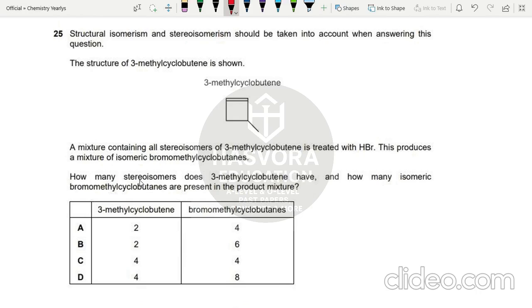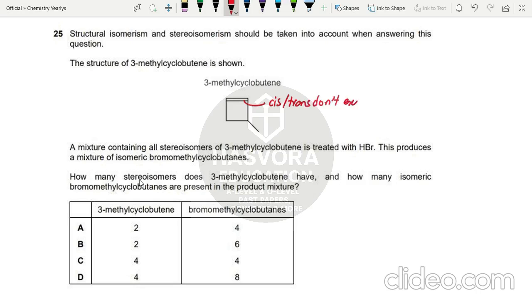How many stereoisomers does 3-methyl cyclobutene have, and how many isomeric structures of bromomethyl cyclobutanes are present in the product mixture? The first thing I would like you to know is that in a cyclic structure, geometrical isomers like cis trans don't exist.